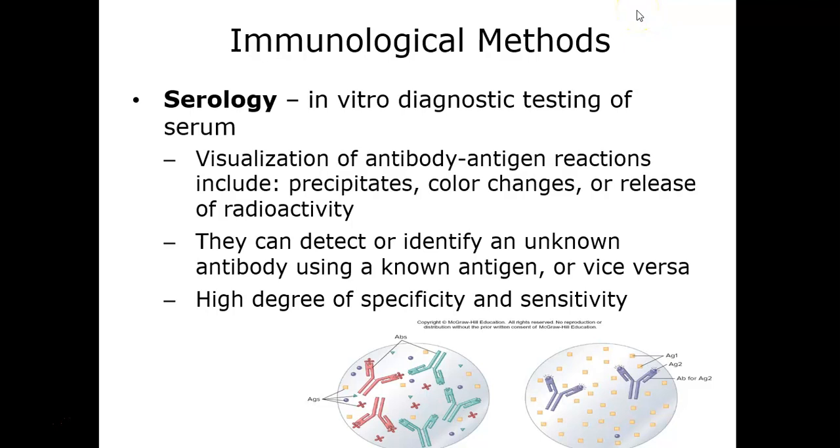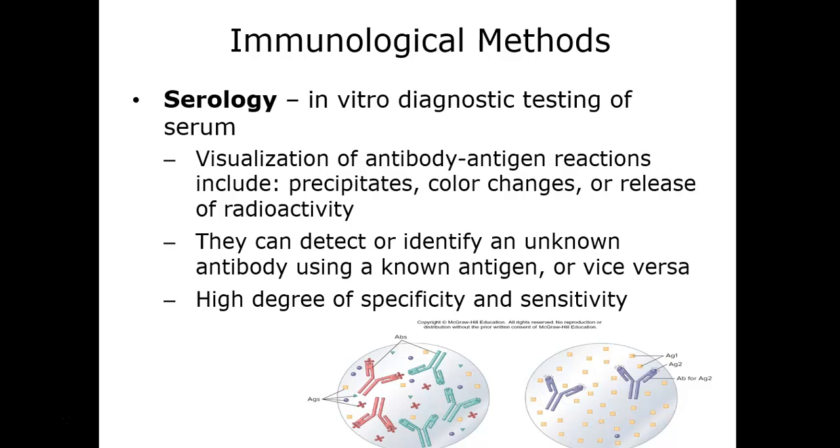We also have the immunological methods, and we talk a lot about serology, which is the study of the molecules in the serum, specifically your antibodies. Antibodies are derived from B cells, and antibodies are produced in response to a specific infectious agent. So your antibodies match to a foreign substance, which we refer to as an antigen. This antibody-antigen reaction is very specific, like two puzzle pieces or a key into a lock.